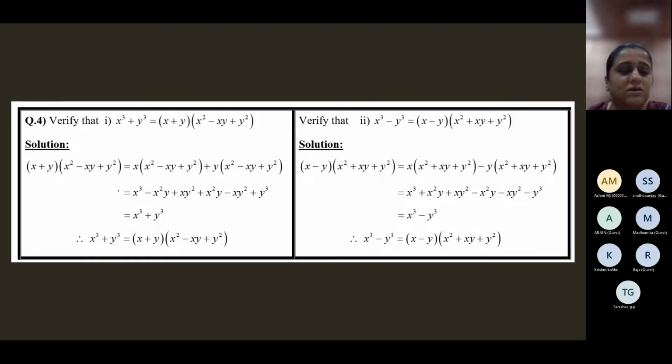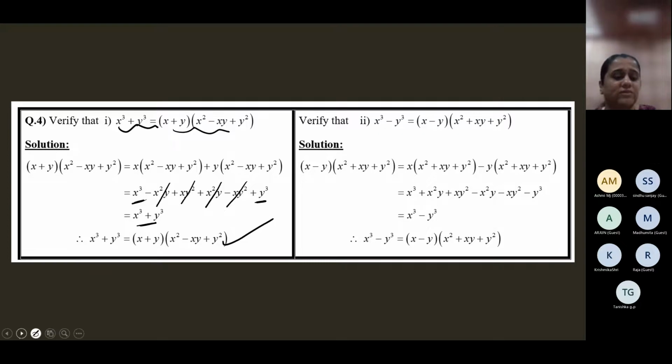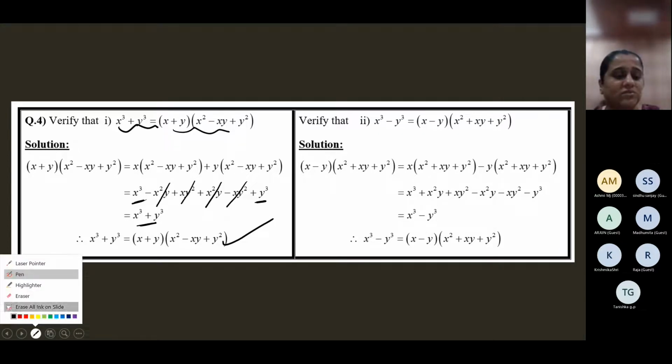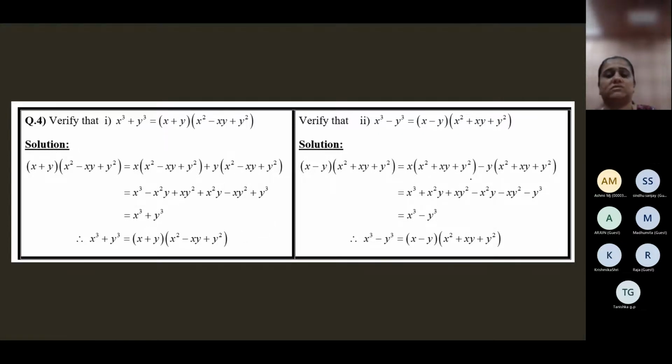After you multiply, minus x square y plus x square y cancels, plus xy square minus xy square cancels. So you're left with only x cubed plus y cubed. So we have proved that this one is equal to this one. Therefore, x cubed plus y cubed is equal to x plus y into x square minus xy plus y square. Same thing here, children. Please work both, children.